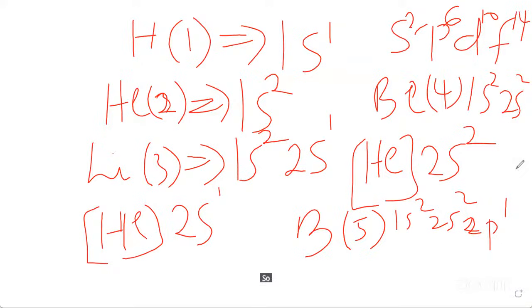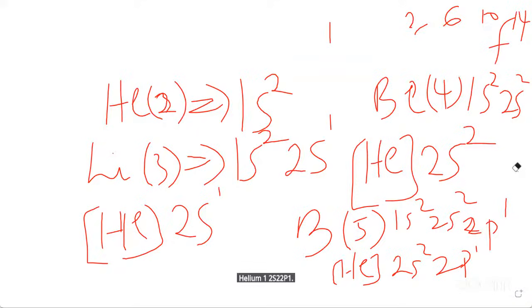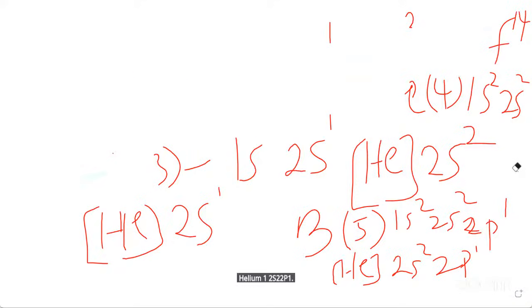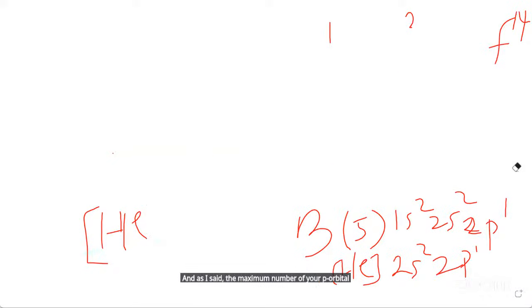You can also write it as helium 2s2, 2p1. And as I said, the maximum number of electrons for your p orbital is 6.